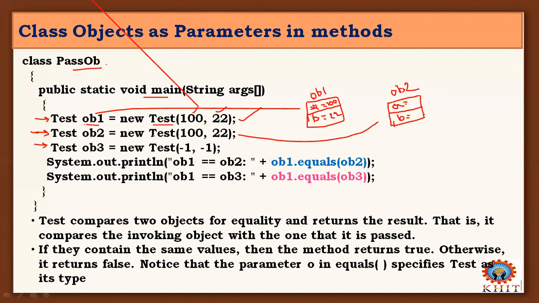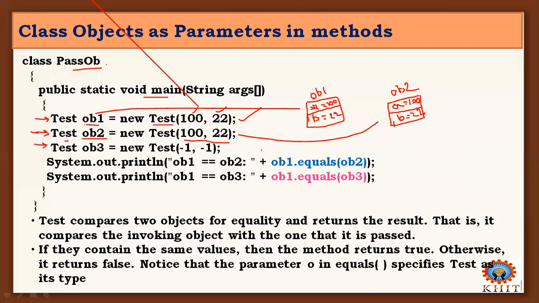The values we passed to initialize the instance variables through ob2 are the same, 100 and 22. Got it?